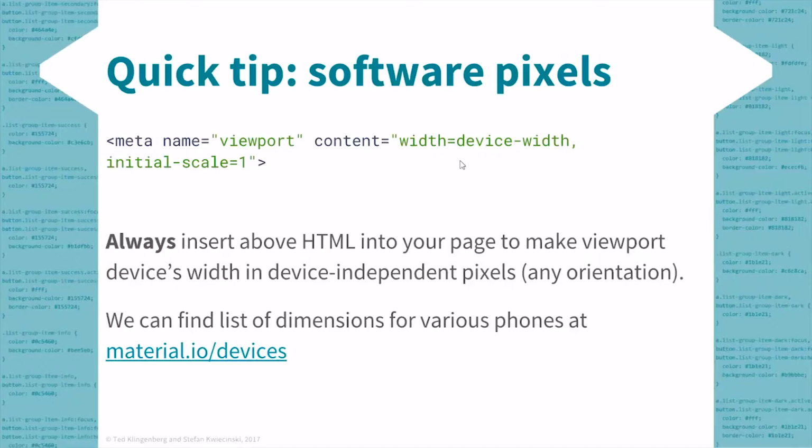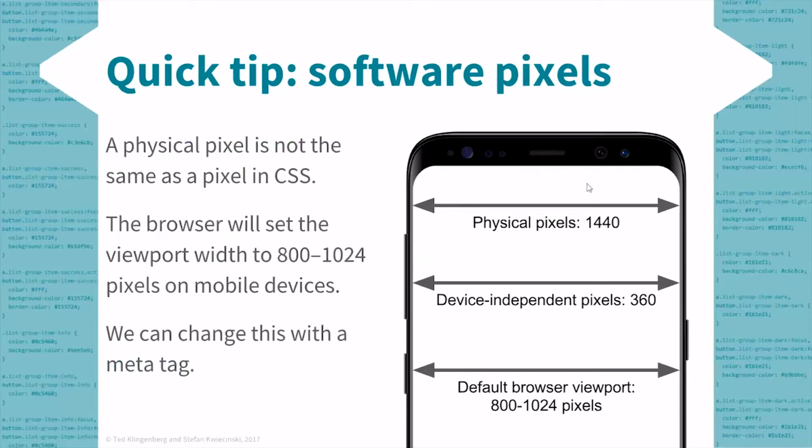The reason we use software pixels is because our mobile phones have so many pixels, it's so dense. Another good way to think about it is our desktop monitors usually have widths of, let's say, 1600 by 900, for example. There's a few monitors like that. Most of them are larger, but say that was our monitor size.